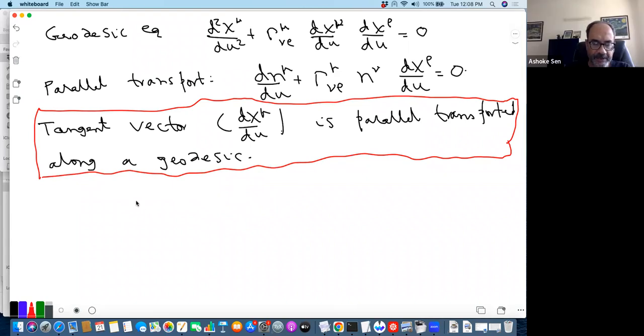The way we have defined it, if you remember, our signature η or G_μν has one negative eigenvalue and all positive eigenvalues. So for a time-like curve, ds² is negative, and it is positive for a space-like curve.